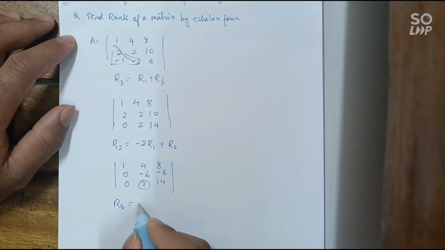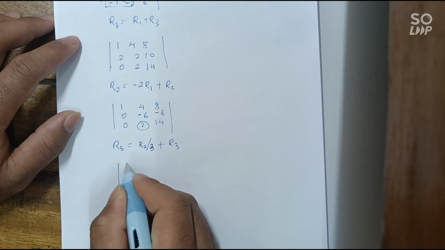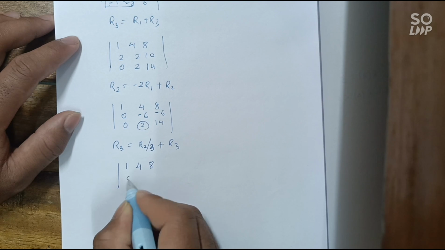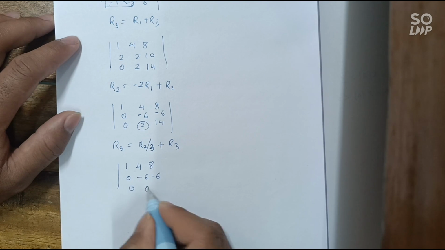So let's do R2 divided by 3 plus R3. So doing this operation, we get 1, 4, 8, 0, -6, -6, 0, 0, 12.